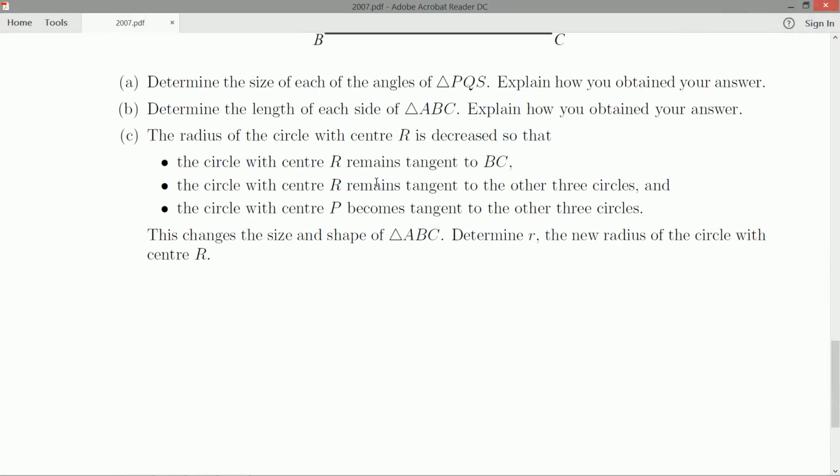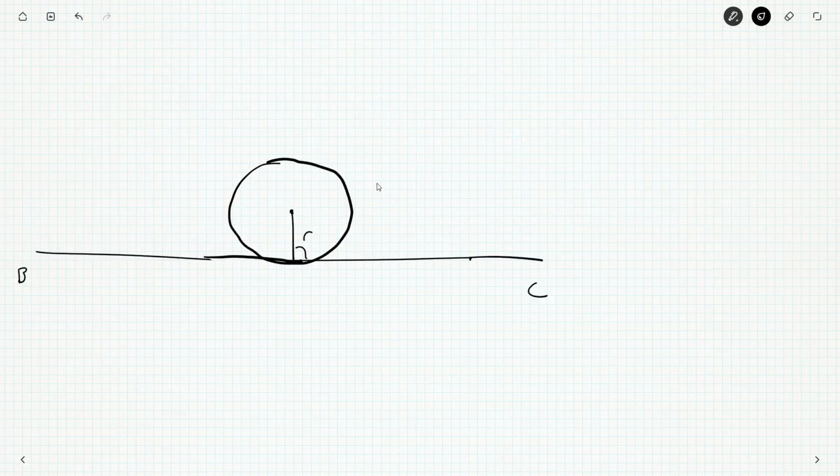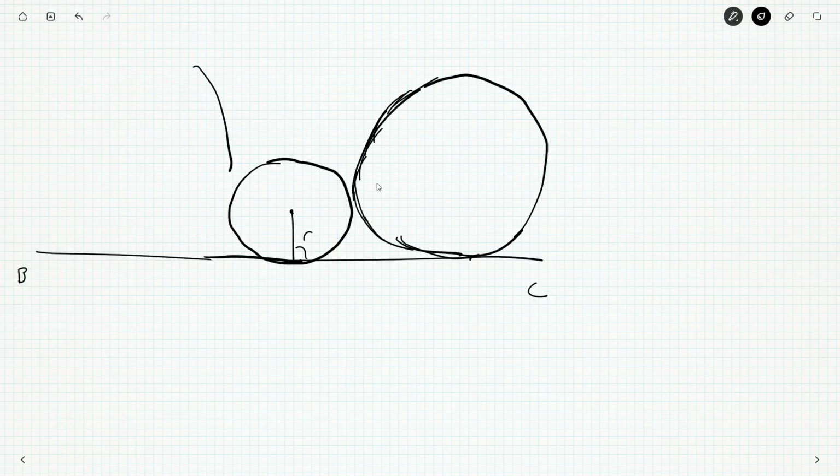And the circle with center P becomes tangent to the other 3 circles. So the other 2 circles, they're bigger, so their centers are up higher. Going to be a little something like this. Kind of looks like Hitchcock right now. There we go. And this one, we can draw it a little more smoothly, and then the other one comes in, and so it can't quite be this big.